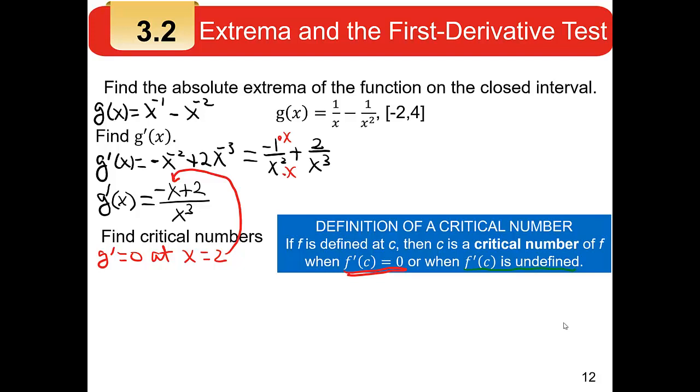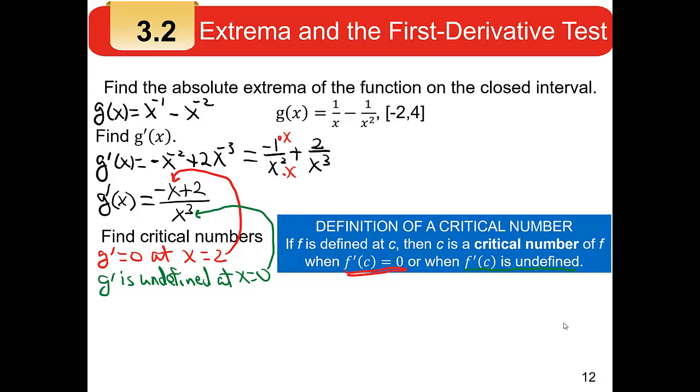But if you want to look at where the derivative is undefined, you look at the denominator, because for a fraction, that's where the value can cause the derivative to be undefined. So if the denominator is 0, you're dividing by 0, and that's where the derivative is undefined.